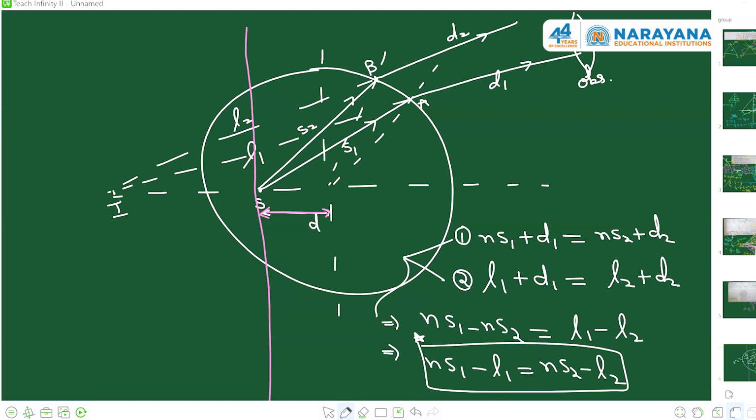And when you write this equation for continuous points which are differentially scattered, indirectly what we are trying to say is that nS at different points minus L at those points is behaving like a constant. That constant is not possible for consecutive points or continuous spectra until and unless that constant becomes equal to 0. Otherwise, it cannot be constant.